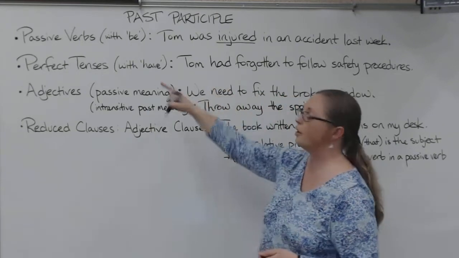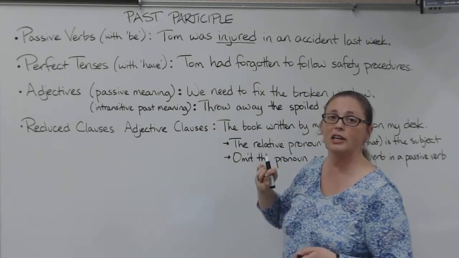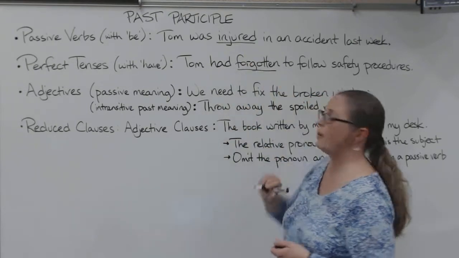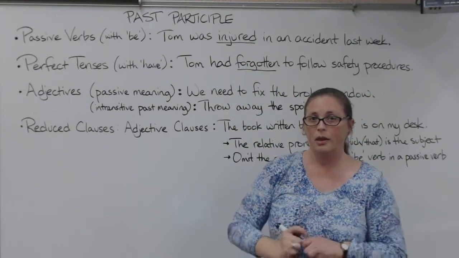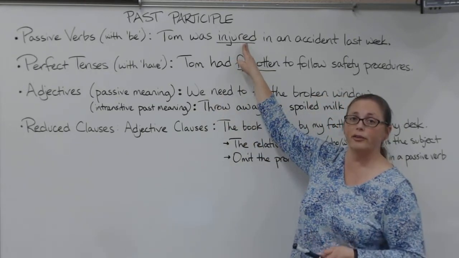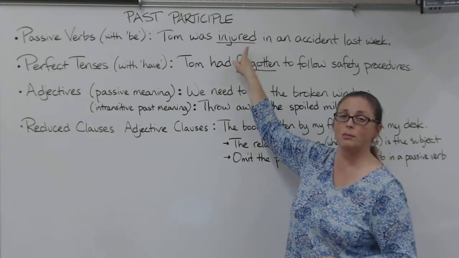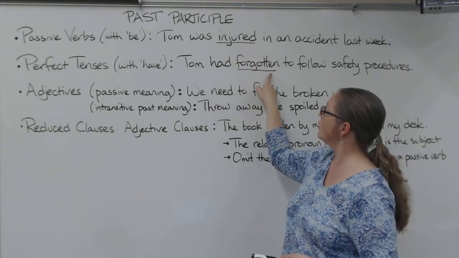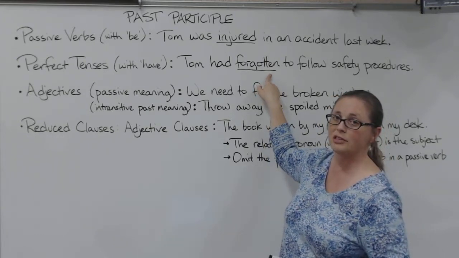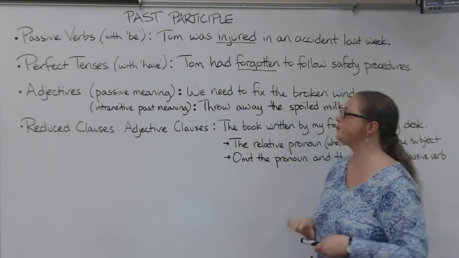You use the perfect here, the past perfect, had forgotten. So have is our auxiliary verb, and then you use the past participle. You can see here, this is a regular verb with just ed, injured, same as the simple past. Here, this is irregular, different from the simple past, which is forgot, and this is forgotten.